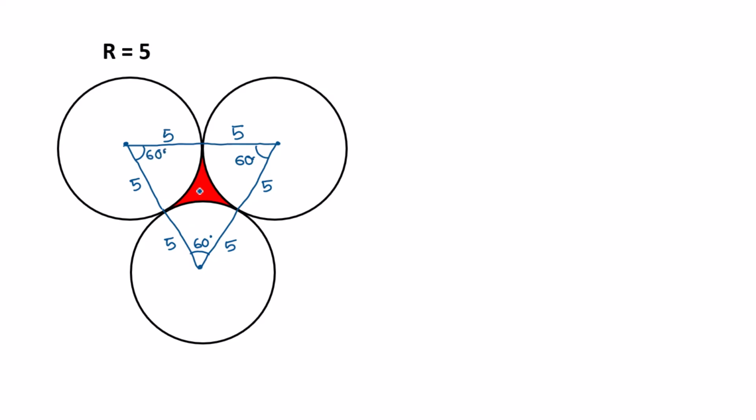Now the red region is the area of this triangle minus the area of this section and this section. So the area of the red region is A. This area is equal to the area of this triangle.